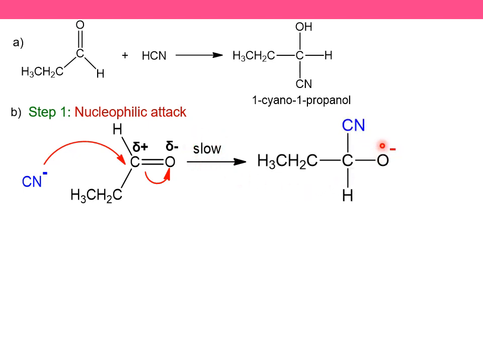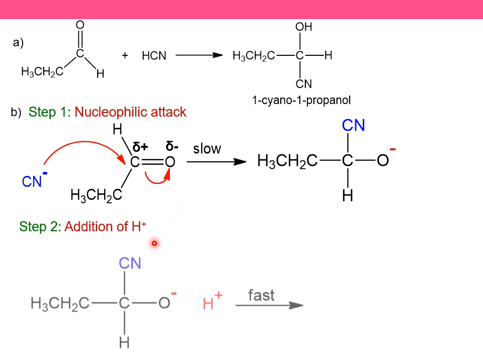And then we're going to get an intermediate whereby CN is attached to the carbonyl carbon and oxygen is having a negative charge. Next step is addition of proton.